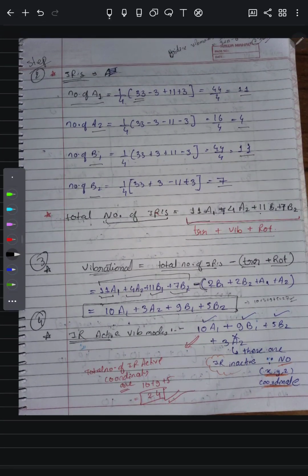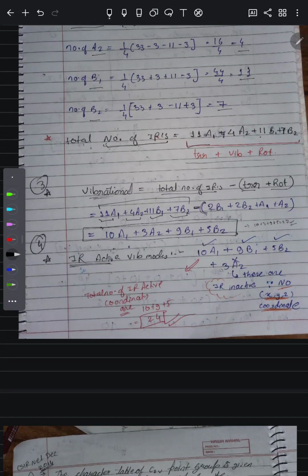So by putting the values here, we will get the final vibrational modes, which are 11 A1 plus 3 A2 plus 9 B1 plus 5 B2, and the IR active vibrational modes will be equal to 10 A1 plus 9 B1 plus 5 B2.